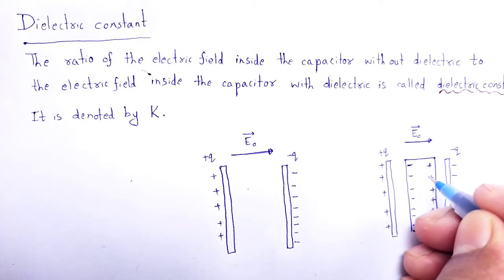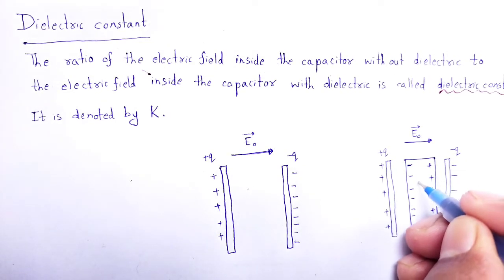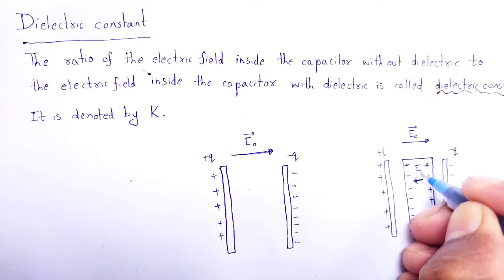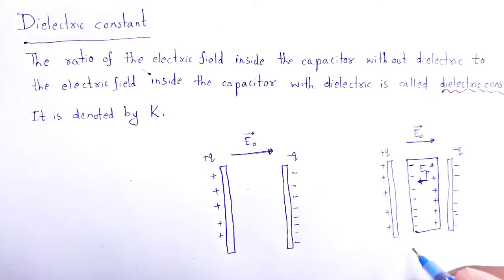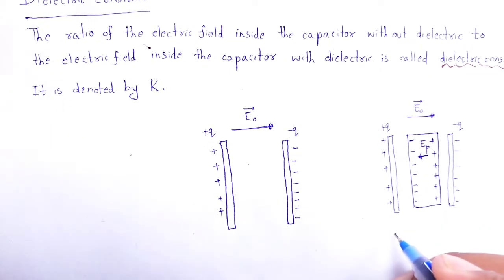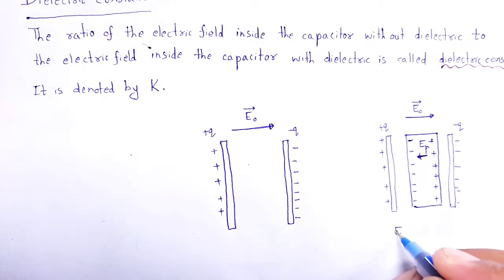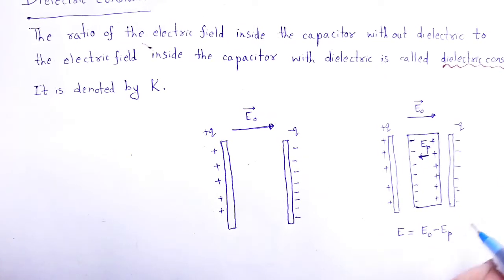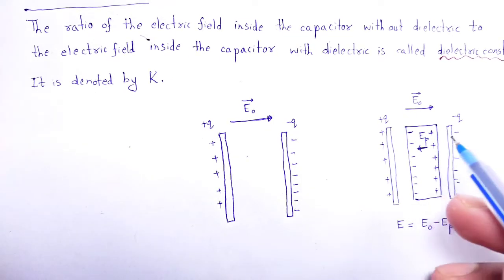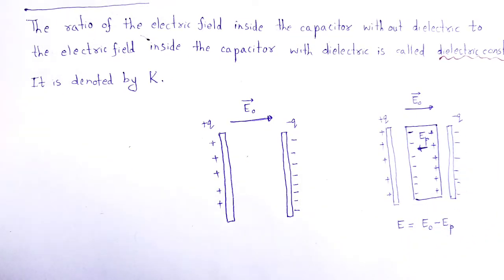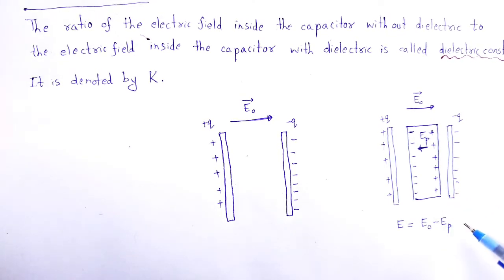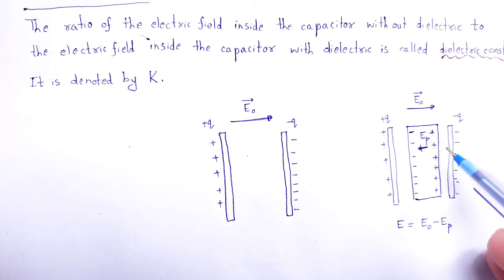So an electric field is induced here, directed from positive to negative, that is EP. Therefore the net electric field inside the dielectric, E, is equal to E naught minus EP in that parallel plate capacitor, where EP is the electric field produced inside the dielectric due to induced charges.